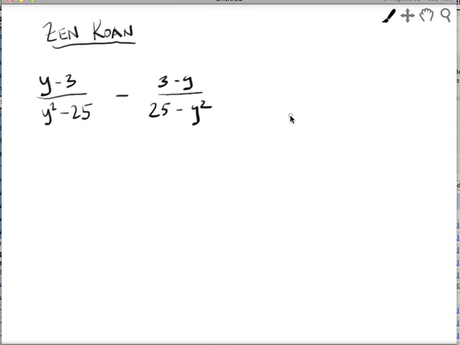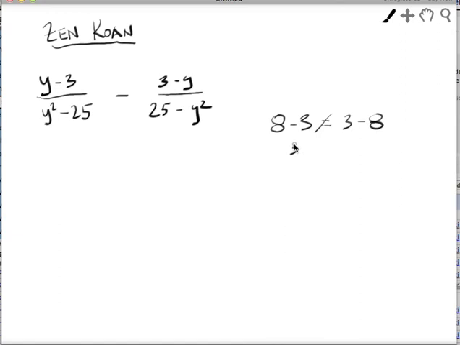I want to show you a general property of numbers that for some reason doesn't get discussed in algebra books, and this is a shame. Essentially, if we take any two numbers and subtract them, that is not going to be equal to those same two numbers subtracted in a different order.